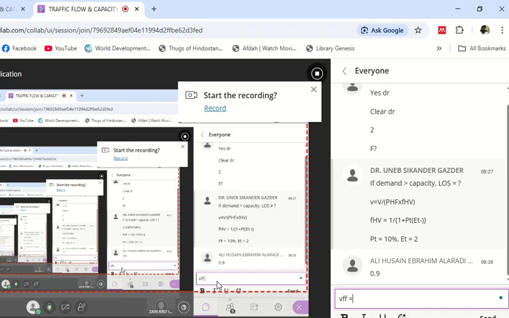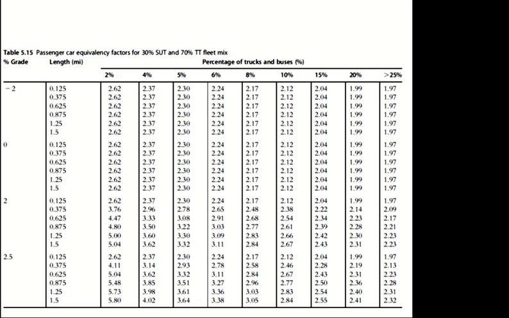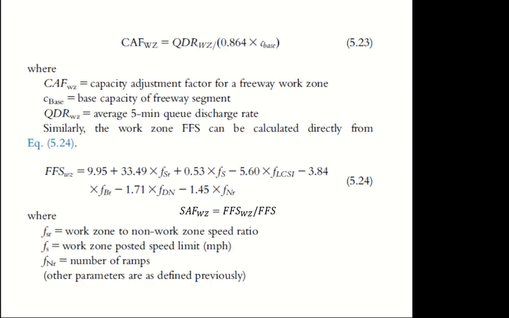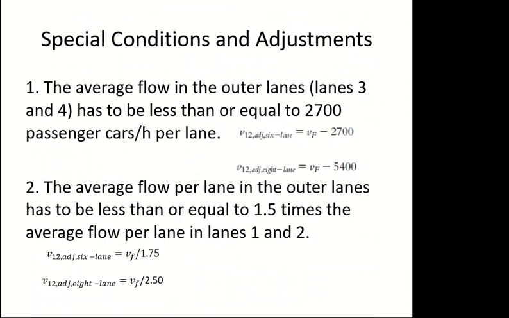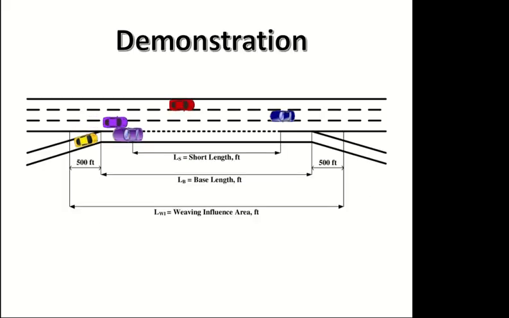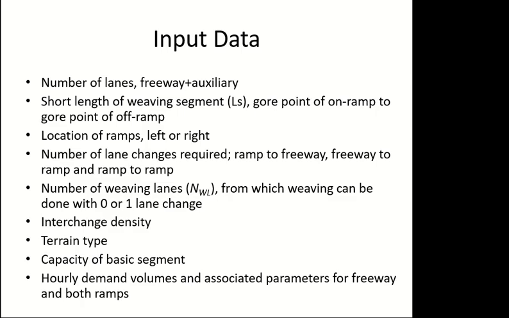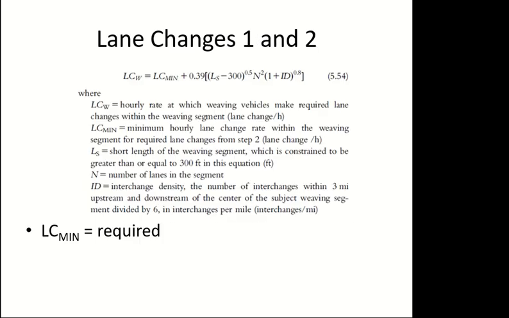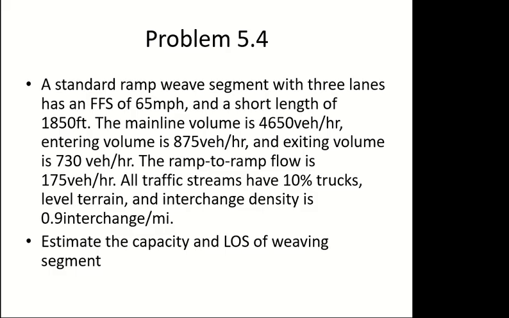Okay, now I can calculate the flow rates for all of them. As I already mentioned, I'm assuming they are already divided by peak hour factor, and that's why it's not given. So I'll just divide by this. Main line volume means freeway to freeway.